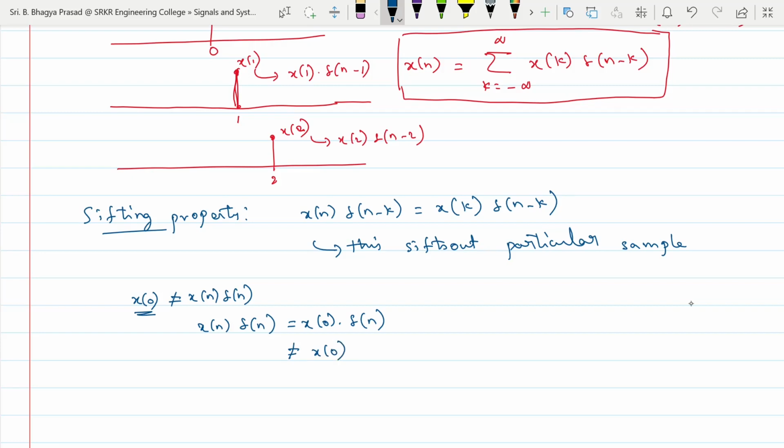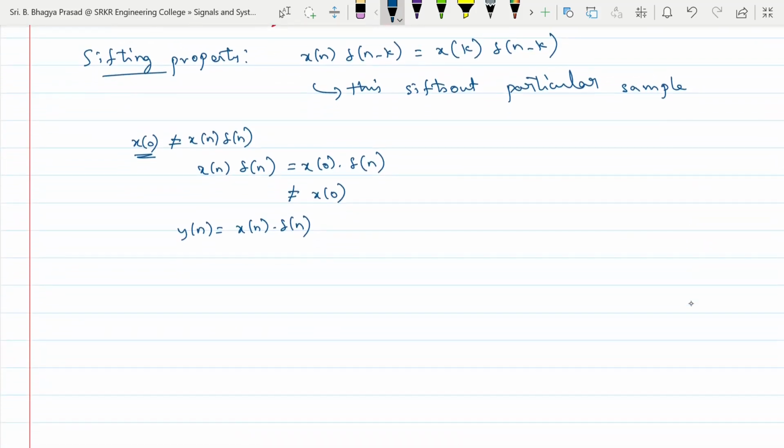This is because if you write y of n equal to x of n del n, which is equal to a particular value, if you write y of n equal to x naught, this is a DC sequence with a value held by x naught, a sequence like this, having the values equal to x naught.